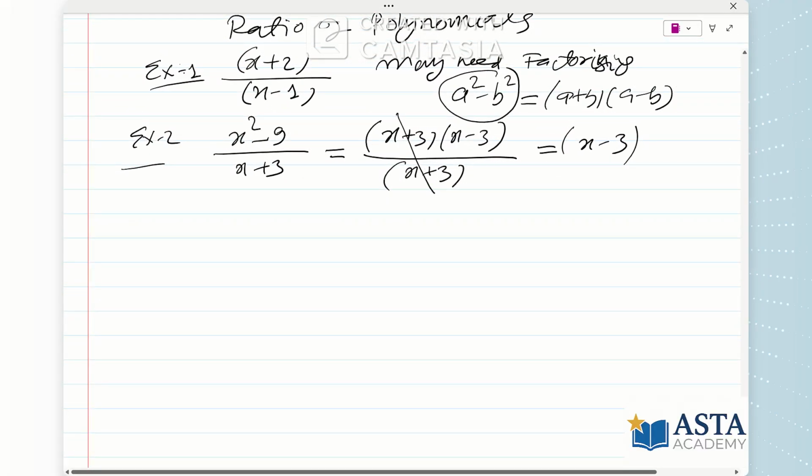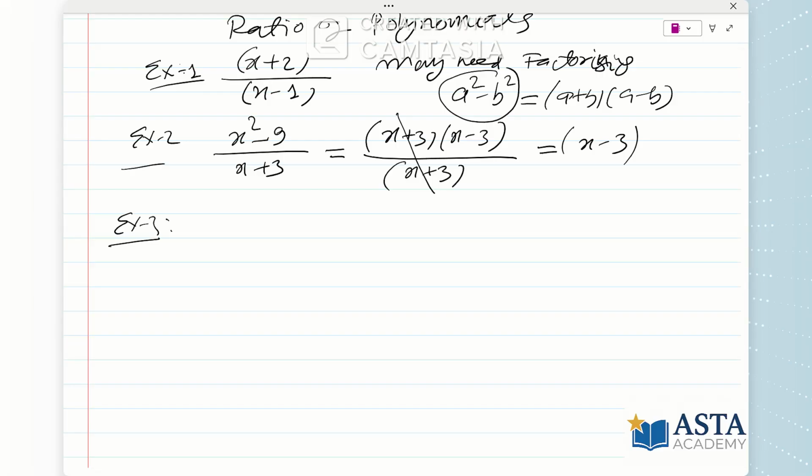I would like to take up another example, which is x squared plus 5x plus 6 divided by x plus 2. Now we just looked at finding the factorization of trinomials.